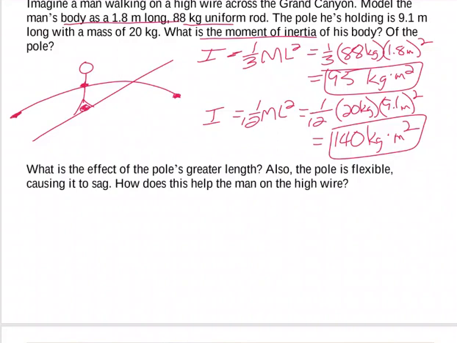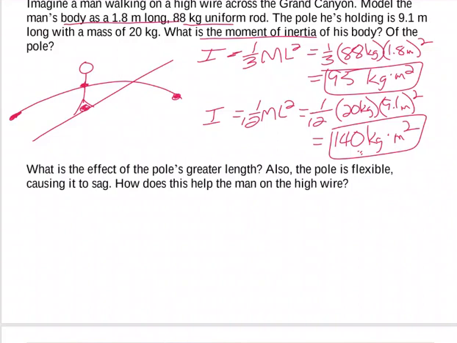But what is the effect of the pole's greater length? More rotation. The pole's greater length moves the mass way out. So these masses here, way out here and way out here, and that pole's greater moment of inertia, the 140 kilogram meter squared versus his moment of inertia of 95, has made the moment of inertia greater, which means he has a lower angular acceleration. It's harder to get him turning.